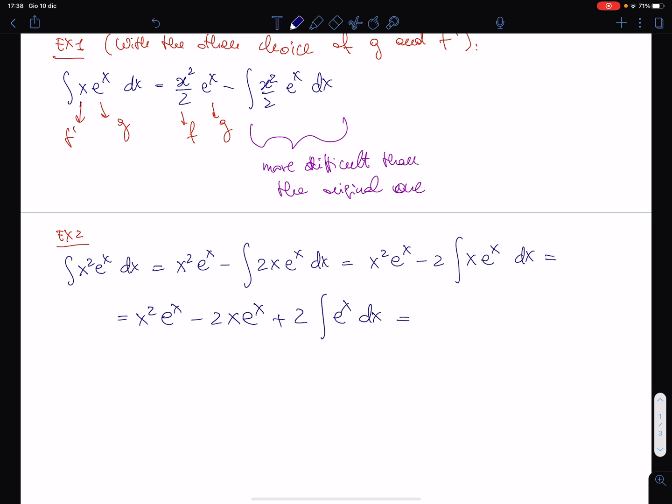So the final result is x squared e to the x minus 2x e to the x plus 2 e to the x plus c. This is the second example. The message here is that one can iterate the integration by parts.